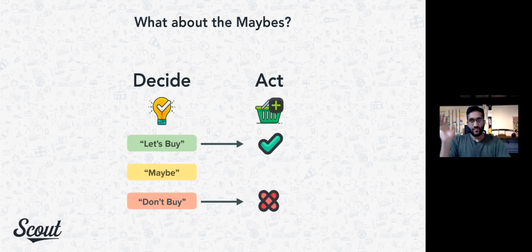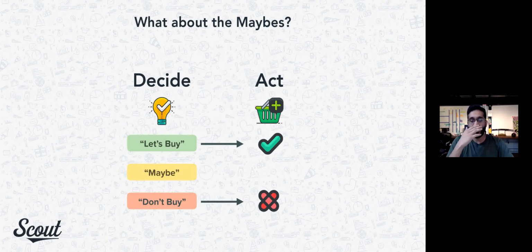Now, we talked about the yes and no, right? If someone decides, no, I don't want it, then they're just going to close. And that's someone that you're going to have a very, very hard time selling to. It's almost impossible to sell to someone who's like, I don't need this. It's really hard and very rare. We talked about the let's buy, right? They click through it.